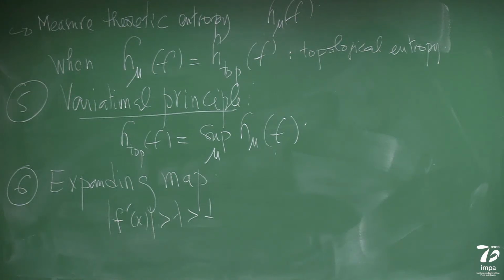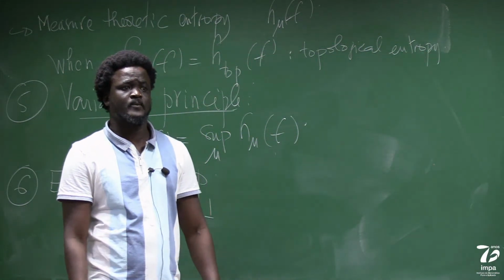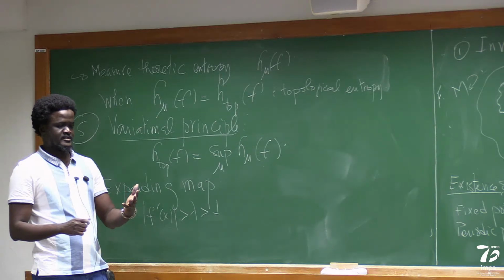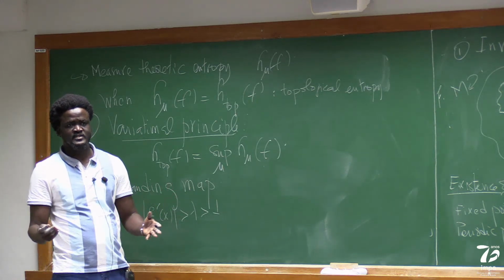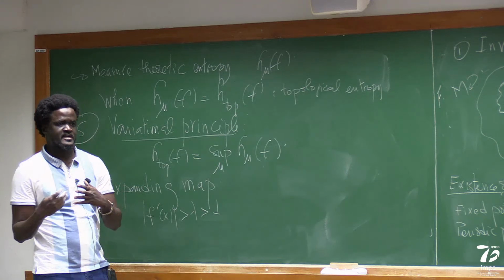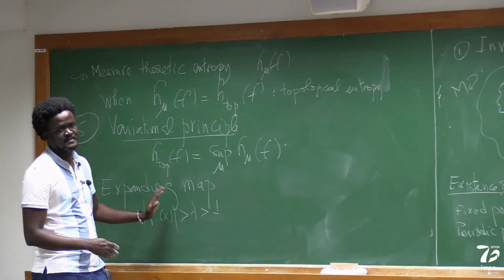These expanding maps are very interesting because they help to study general maps. If you have heard about uniformly hyperbolic maps or Anosov systems, most of the study that people do is based on knowing what happens for the expanding map.